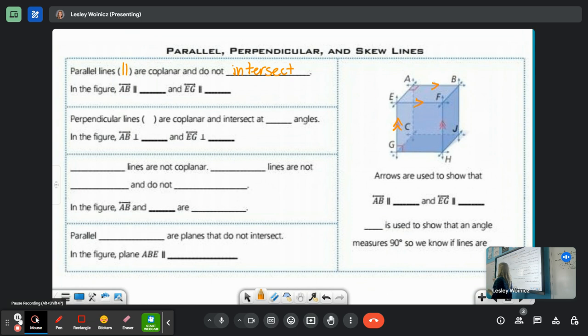So that means that AB is parallel to EF because they both have one arrow, but it's not parallel to EG because it's got two. Okay, which one is parallel to EG? Yeah, HF. So AB is parallel to EF. Don't forget the line symbol above. And EG is parallel to FH, or HF, if you'd rather.